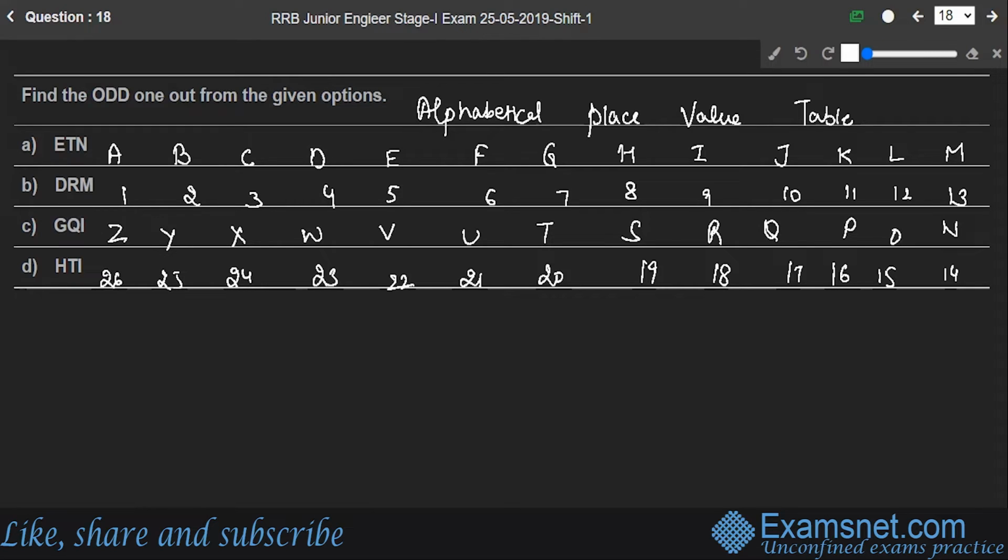So now, using this table, let's find which is the odd one out from here. First of all, you have ETN.